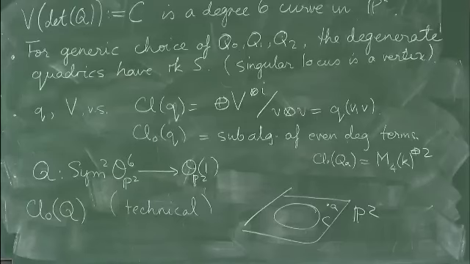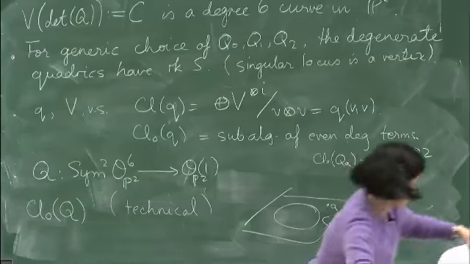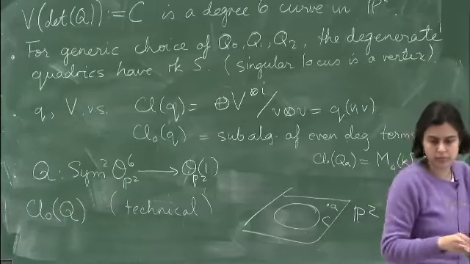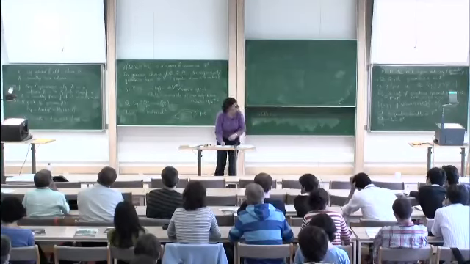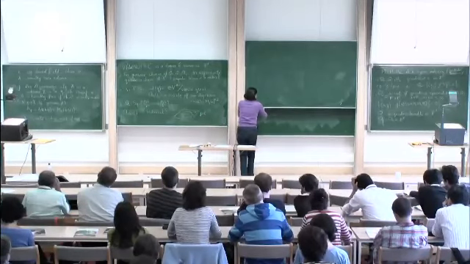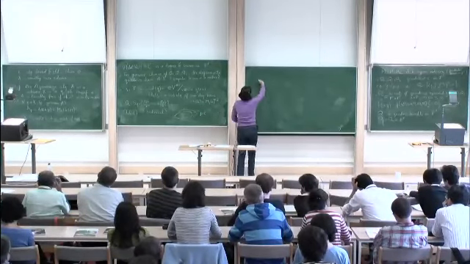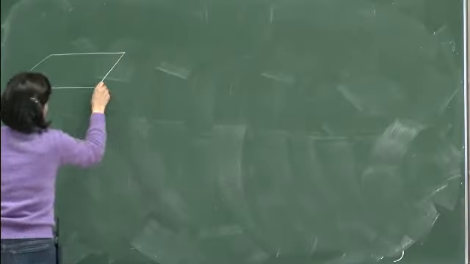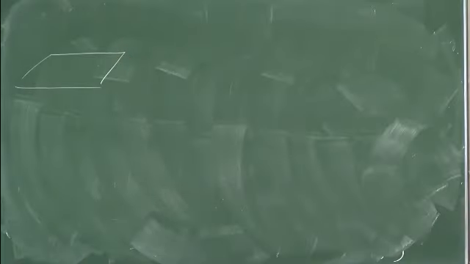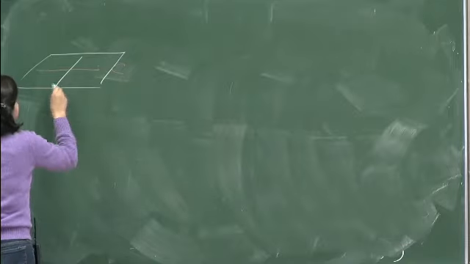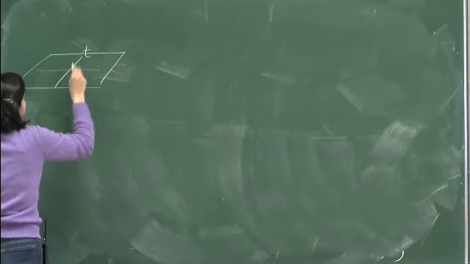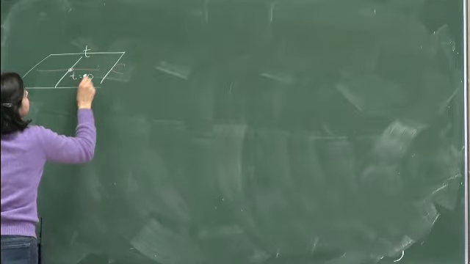So now I'll draw another picture, which is as follows. It's enough to do this computation locally. So let's say here is your curve C, and you cut across it with a disk, let's say with parameter t, and this is where t equals 0.